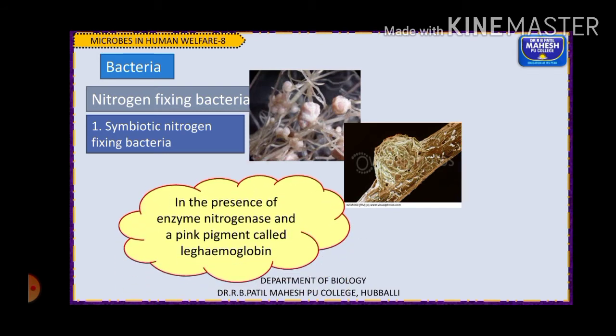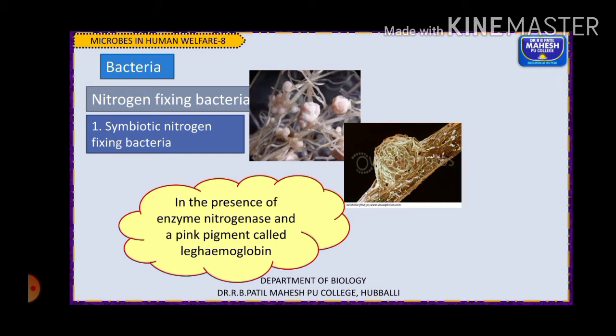In these root nodules, the Rhizobium fix the nitrogen in the presence of the pink pigment, leghemoglobin, and in the presence of the enzyme nitrogenase. In detail you have studied it, right? It is believed that Rhizobium has a nitrogen fixing gene in it, also called the NIF gene.